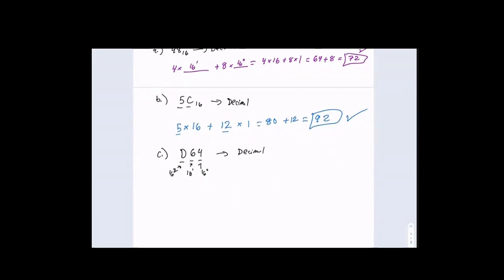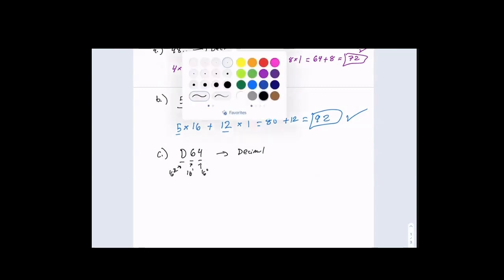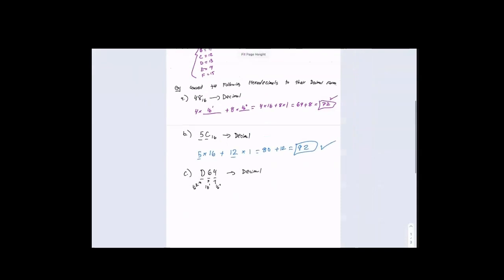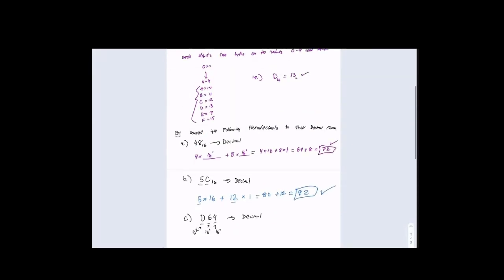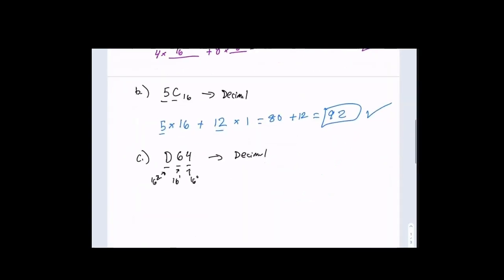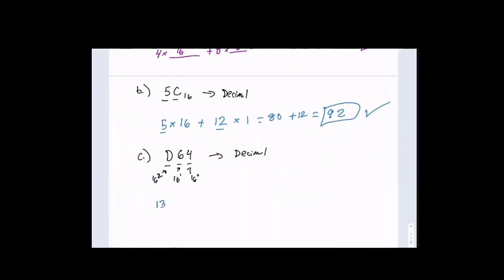We'll multiply the first one by 256. Okay? So what is D in hexadecimal? 13. So D becomes 13 times 256.